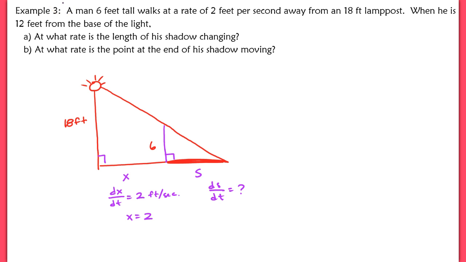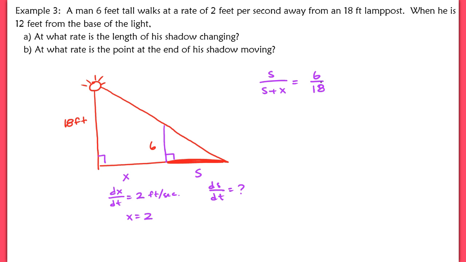All right, so now that we've put our information into that diagram, let's try to come up with an equation that will relate our variables. As I mentioned, these are similar right triangles, so we have some relationships between the sides of the triangle. So using proportions, we know that s over s plus x is going to equal 6 over 18.